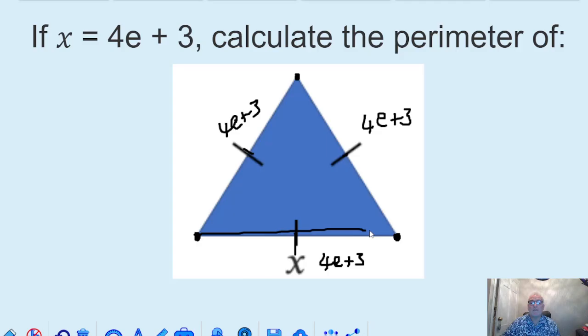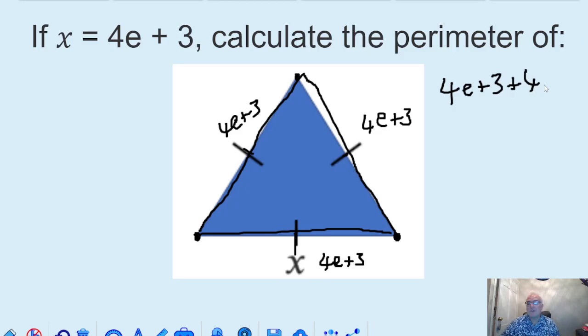So if we go all the way around the outside, we've got that side, add to that side, add to that side. We've got 4e plus 3 plus 4e plus 3 plus 4e plus 3. So we're going to add all of those together.